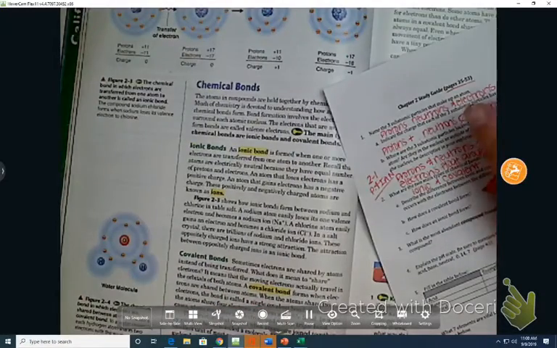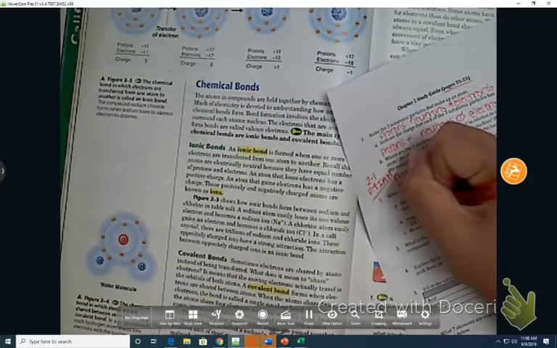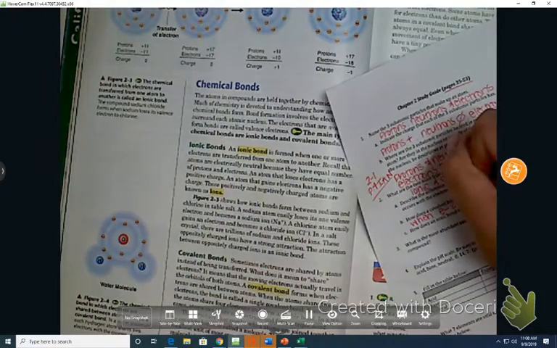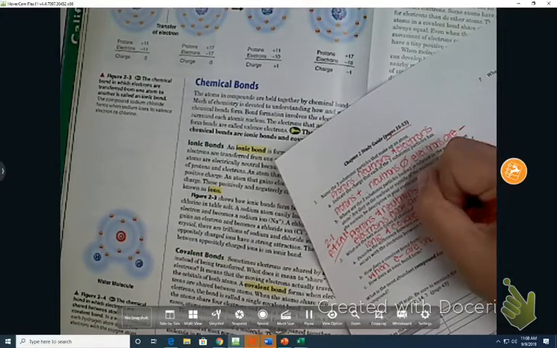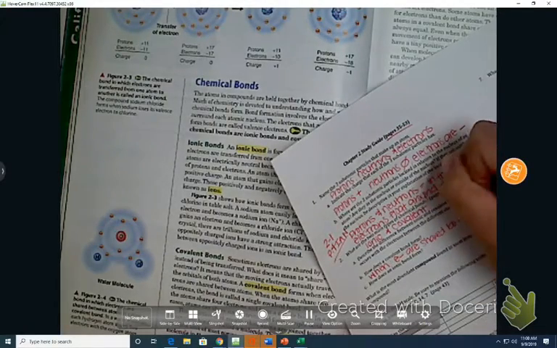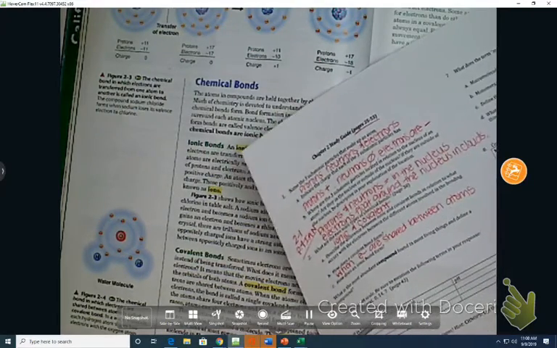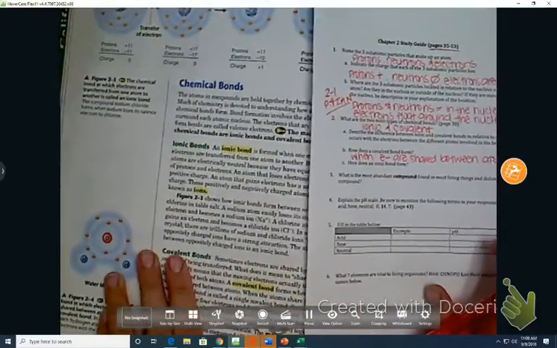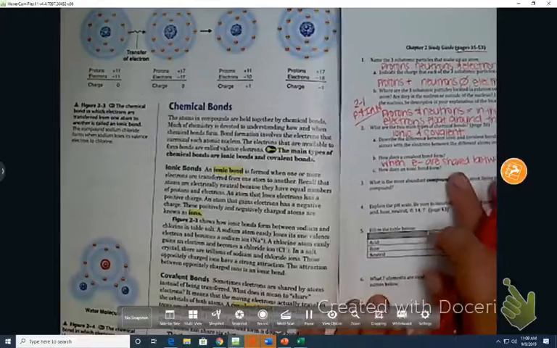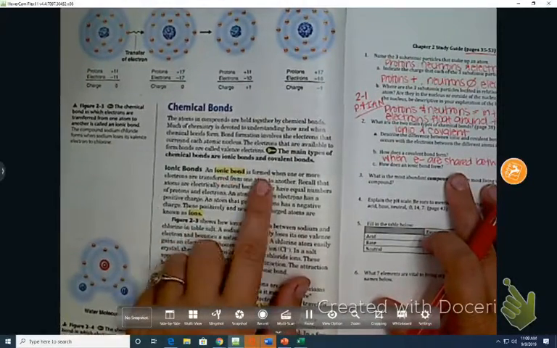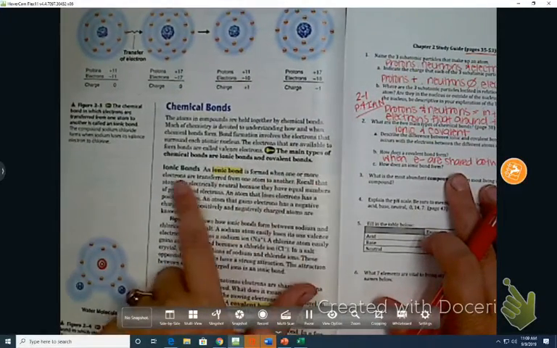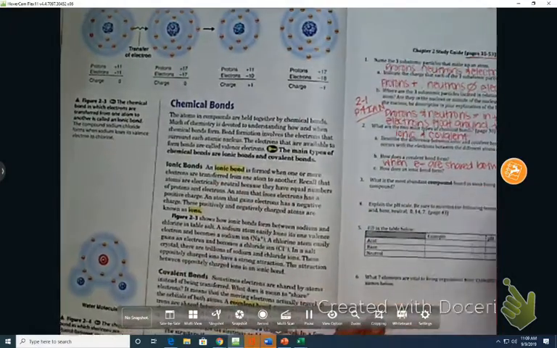So a covalent bond forms when electrons are shared between atoms. Our next question is, what is an ionic bond, or how does it form? It says an ionic bond is formed when one or more electrons are transferred from one atom to another.